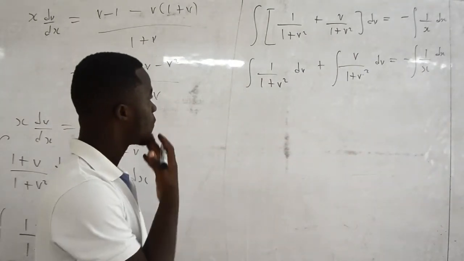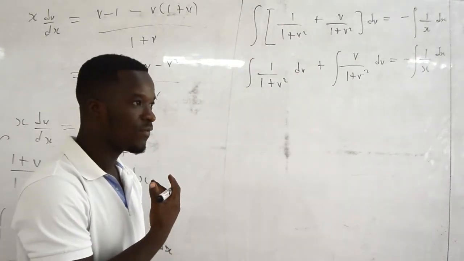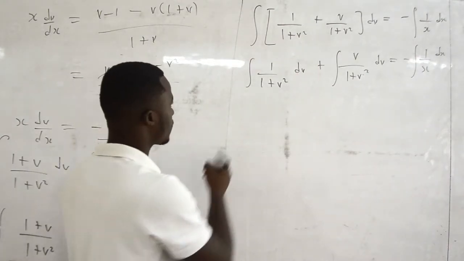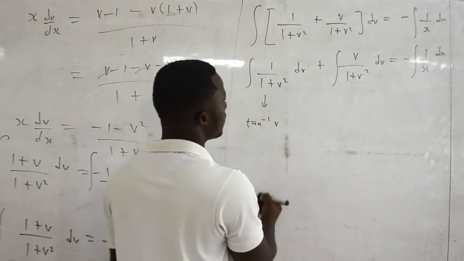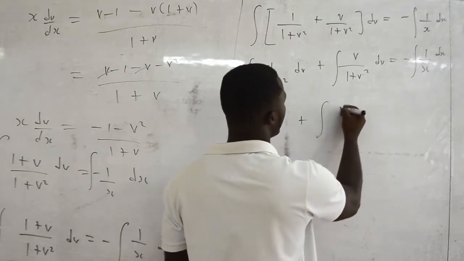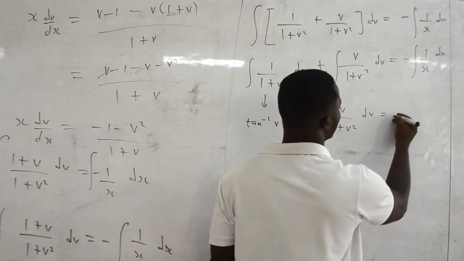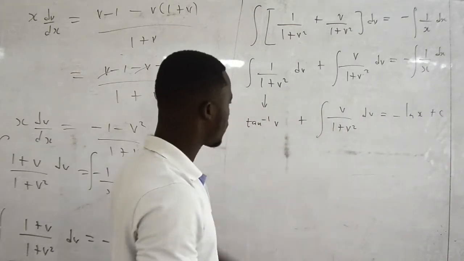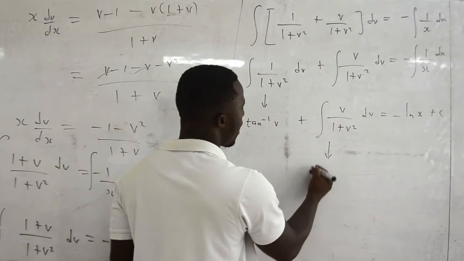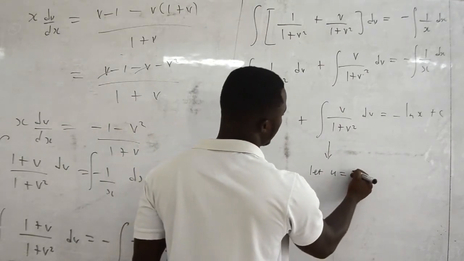Right, so here, like I said, this one is the same as tan inverse of v. So this one will be tan inverse of v. So I have plus the integral of v over (1 plus v squared) dv is equal to negative ln x plus a certain constant c. So how to solve this one? For this side, I'll let a certain variable, let's say u, be equal to v squared.